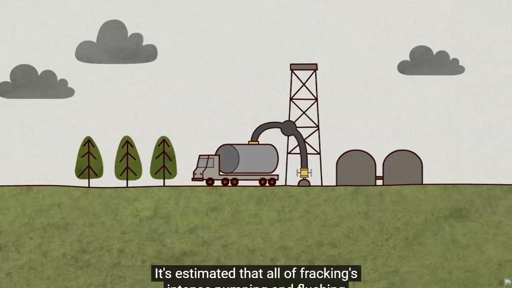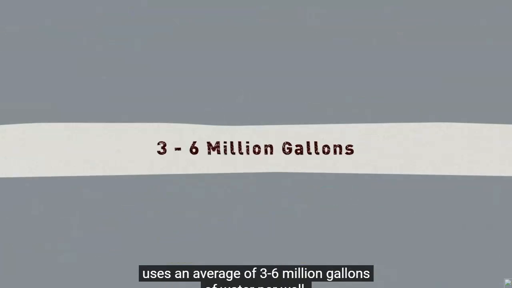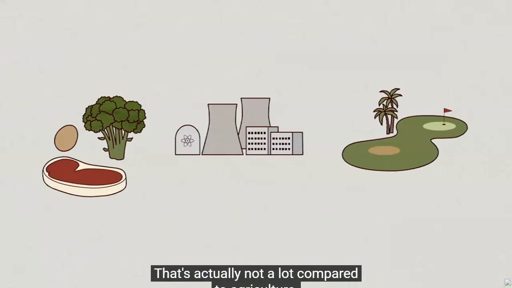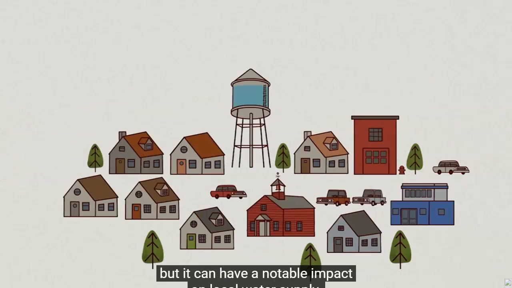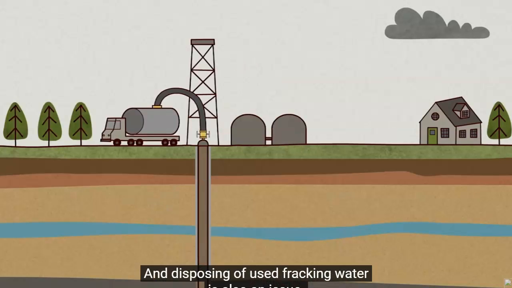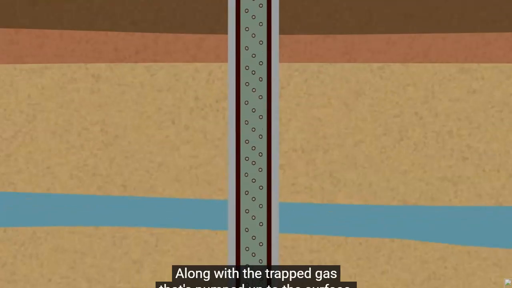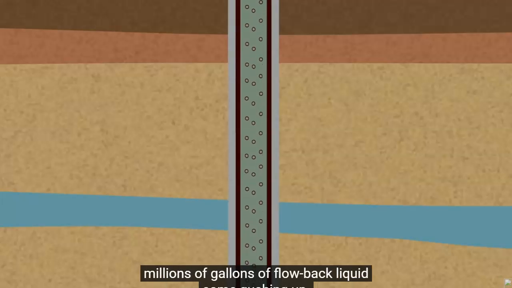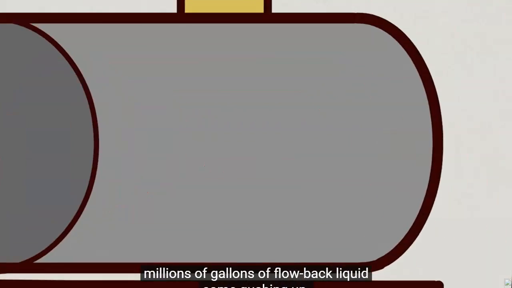It's estimated that all of fracking's intense pumping and flushing uses an average of 3 to 6 million gallons of water per well. That's actually not a lot compared to agriculture, power plants, or even golf course maintenance, but it can have a notable impact on local water supply. And disposing of used fracking water is also an issue. Along with the trapped gas that's pumped up to the surface, millions of gallons of flowback liquid come gushing up.